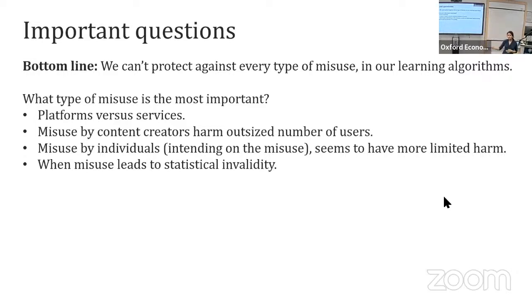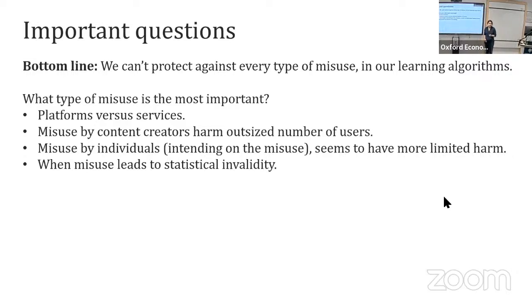But consider an individual using a large language model to access information that would have still been present somewhere on the net, but is now maybe slightly more easily accessible. If that individual was so intent on doing this misuse, it seems the harm is at a slightly different scale.